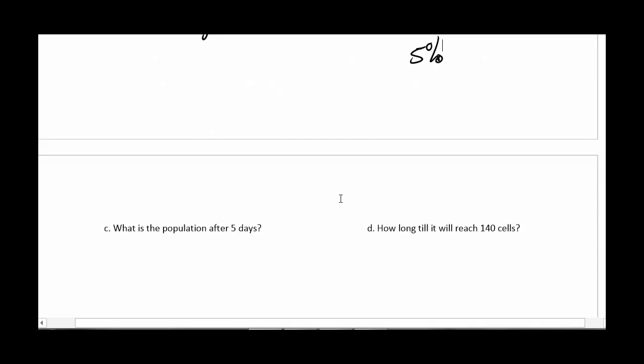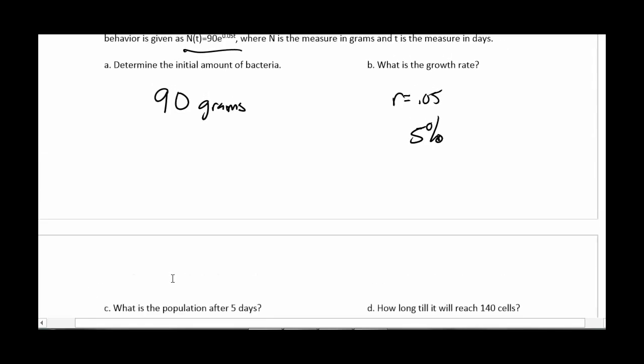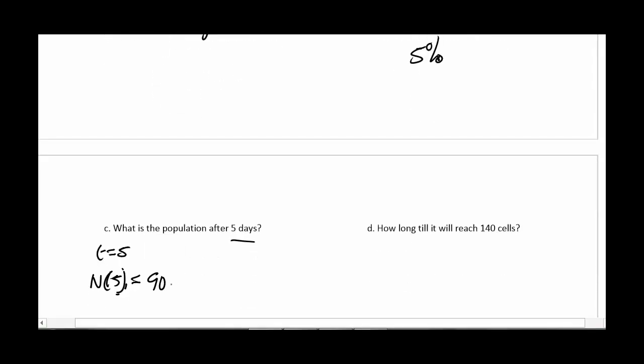What is the population after 5 days? Okay. So in this case, they're asking when t equals 5, how many grams are there? In that case, I just want N of 5, which is 90e to the 0.05 times 5.